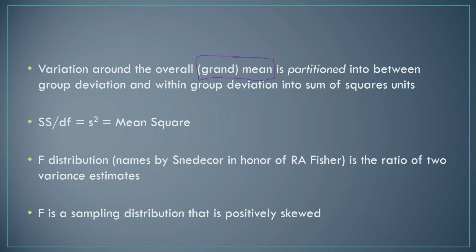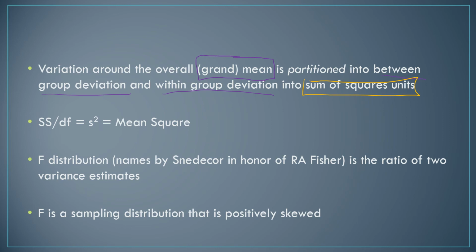And within that, it's looking at the between group differences around the grand mean and the within group differences around the grand mean. And for both of those, it's really the sum of square units. The sum of squared units are used to get your mean squared value, and the mean squared value is used to get the F ratio.